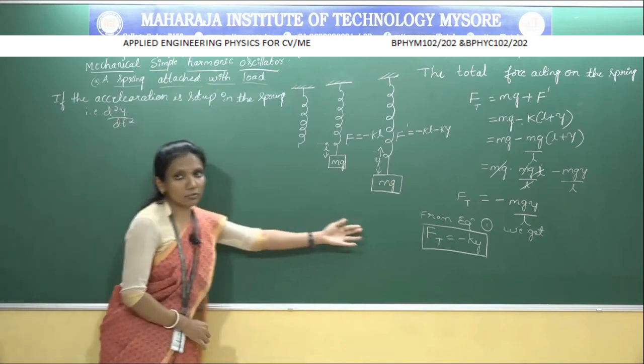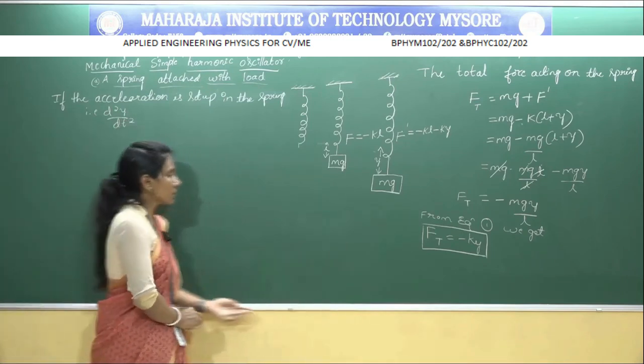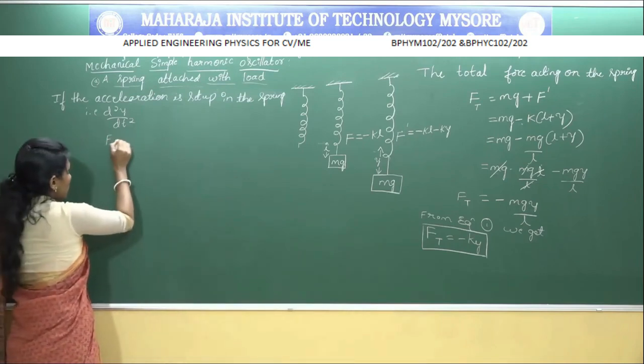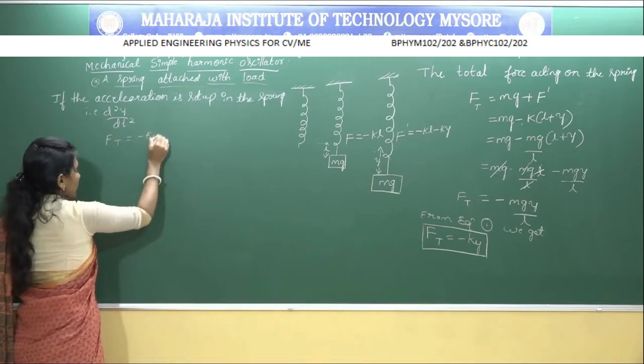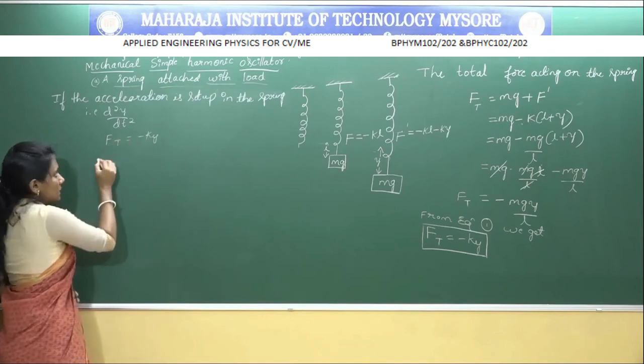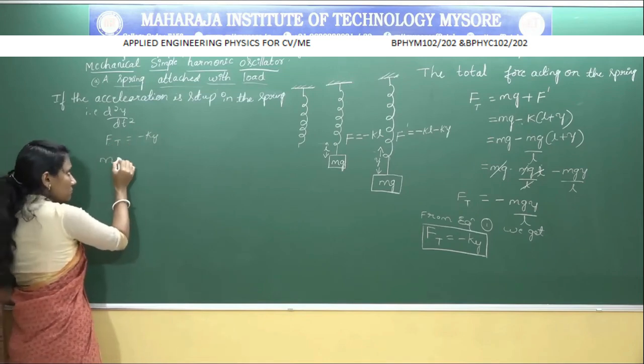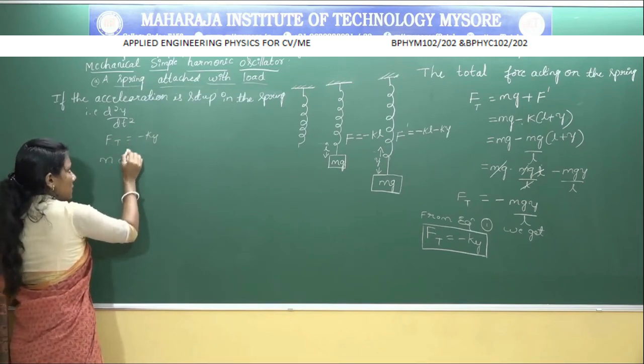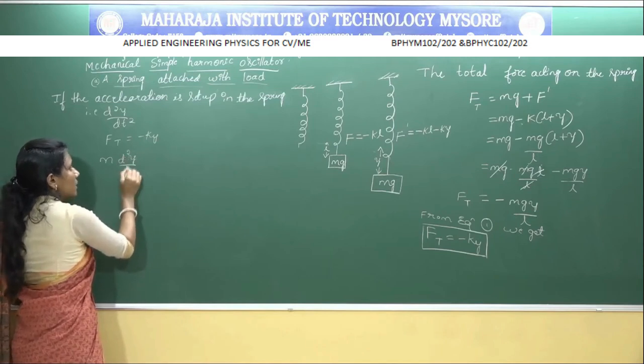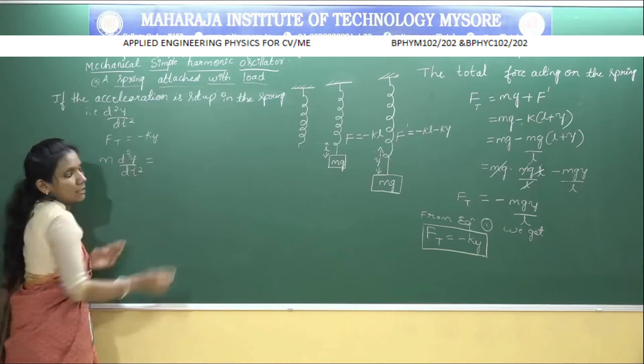So again take the total force acting on the spring, Ft is equal to minus ky, and Ft is m into acceleration, so m into d square y by dt square from Newton's second law.